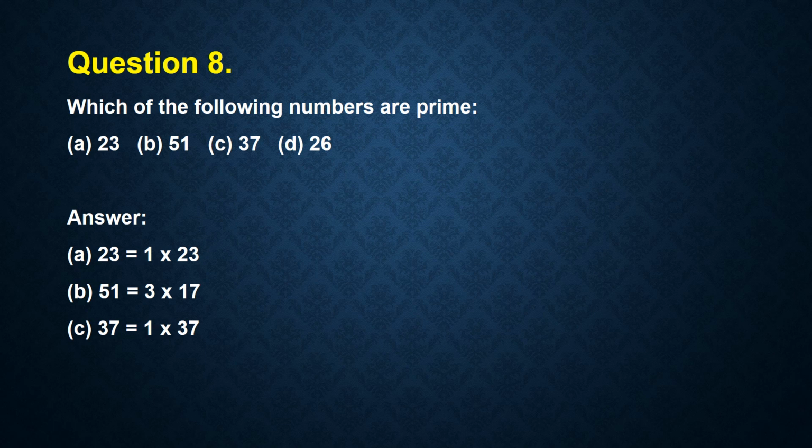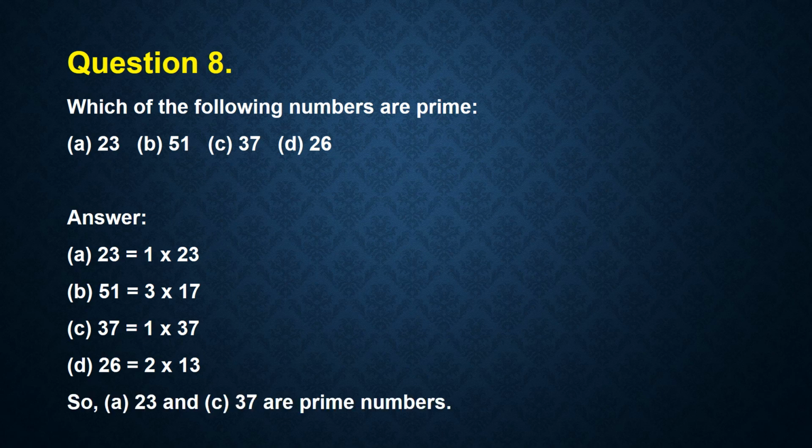So again 37 has only two factors, 1 and the number itself, which means that 37 is a prime number. Next is 26. 26 can be written as 2 into 13. So 26 has more than two factors, which means that 26 is a composite number, not a prime number. So 23 and 37 are prime numbers.